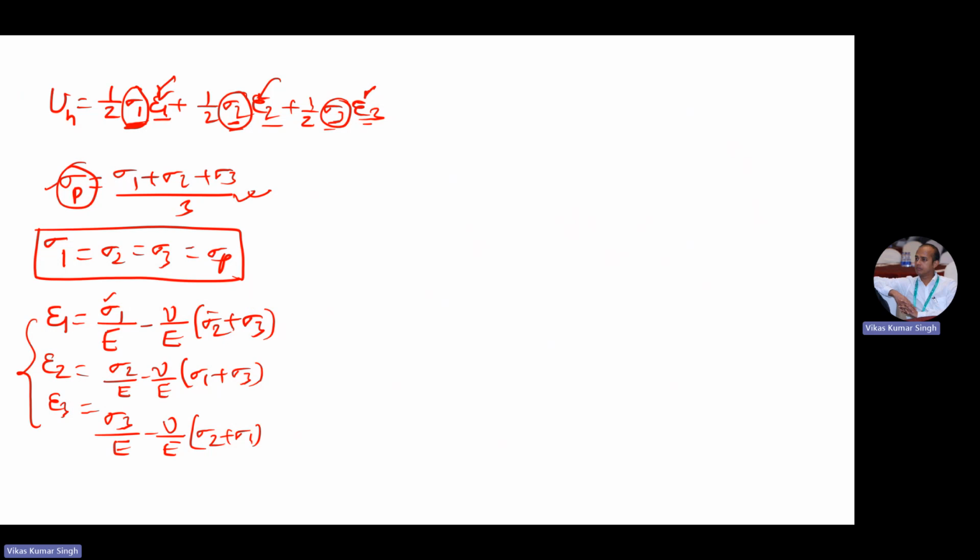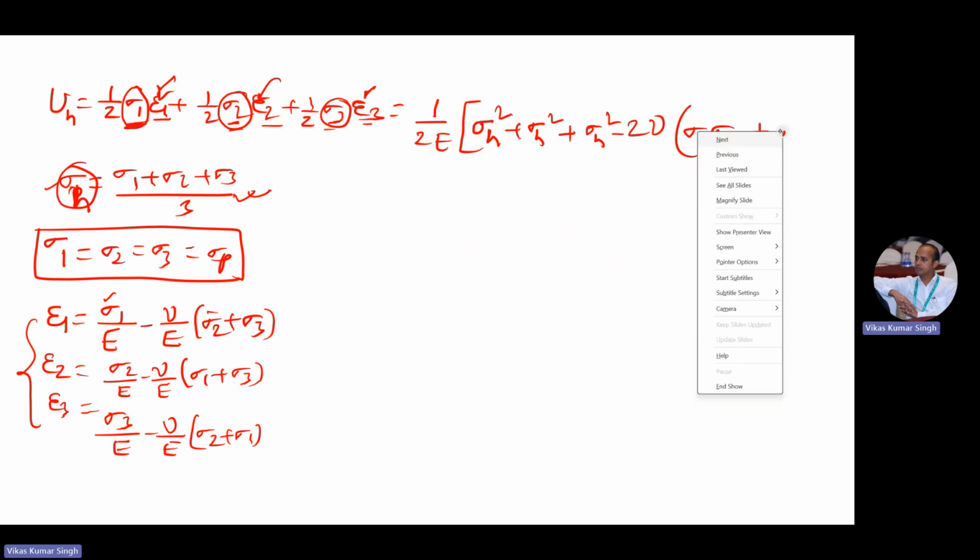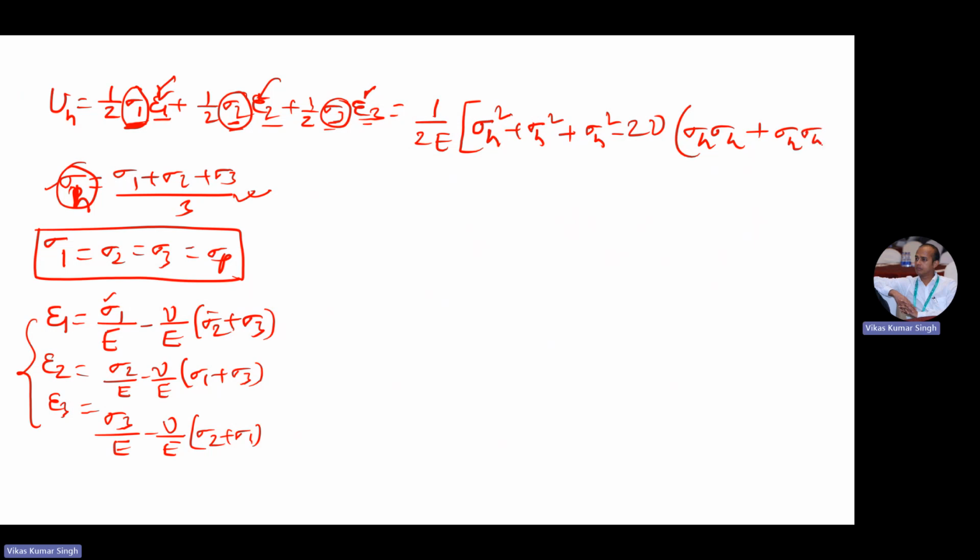Once you replace all this and put all these values over here, you are going to get 1 by 2E, sigma h square plus sigma h square plus sigma h square minus 2 nu into sigma h square plus sigma h into sigma h plus sigma h into sigma h.